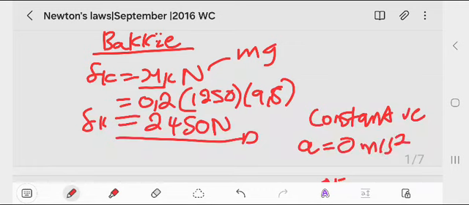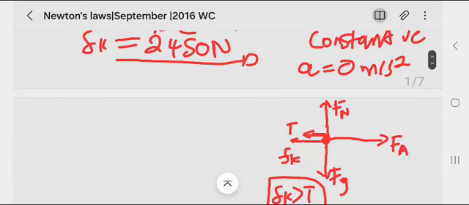Then F net must also be equal to 0 at a constant velocity.